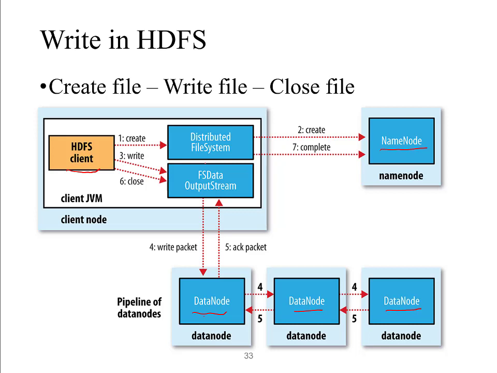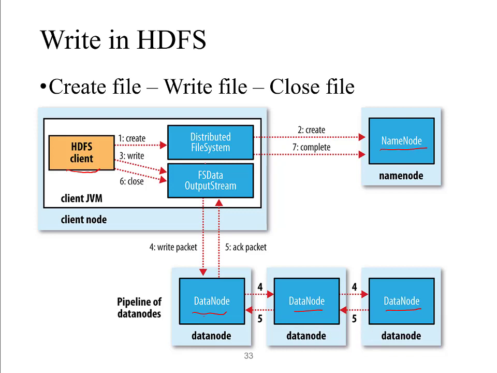As the first step, the client calls the create function on the distributed file system. Basically, the client tells the distributed file system that it wants to create a file, and the distributed file system will then tell the name node that someone wants to create a new file in the file system and needs it to assign some blocks so they can be written in.